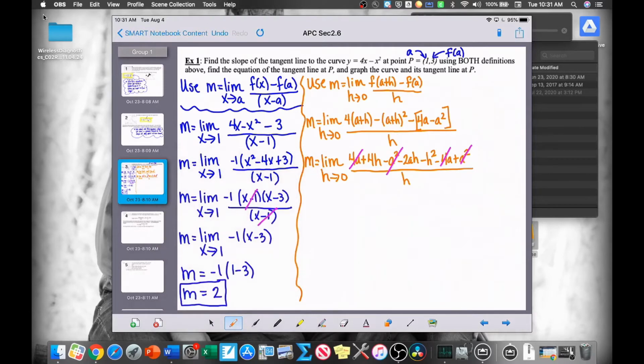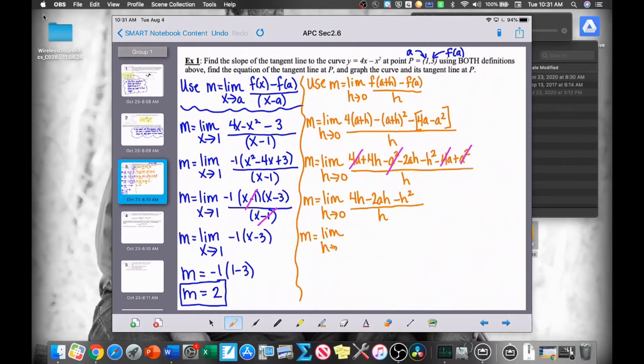So then what I have left is m equals the limit as h approaches 0 of 4h minus 2ah minus h squared all divided by h. I still can't evaluate my limit because I'm supposed to plug in h equals 0 and I still have that h in the denominator. But notice that I have that factor of h in all three terms of my numerator, so I can factor it out.